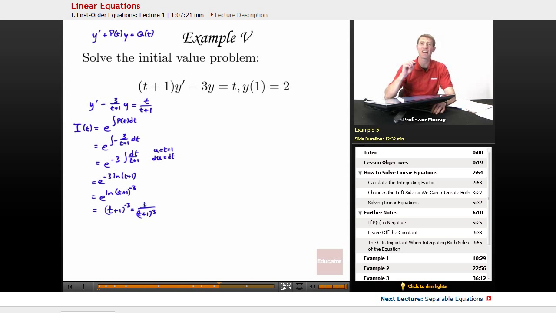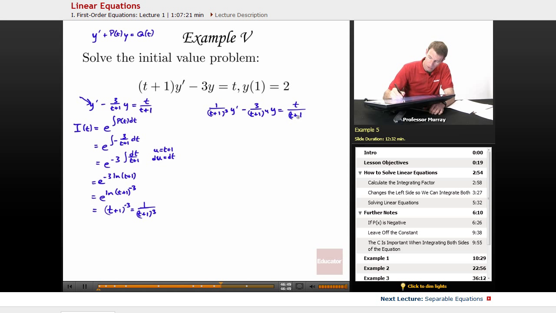Now the point of that integrating factor is that you've got to multiply it by both sides of the differential equation. So if I multiply that by both sides of this form of the differential equation, I get 1 over t plus 1 cubed times y prime minus 3 over t plus 1 to the 4th times y is equal to t over t plus 1 to the 4th.